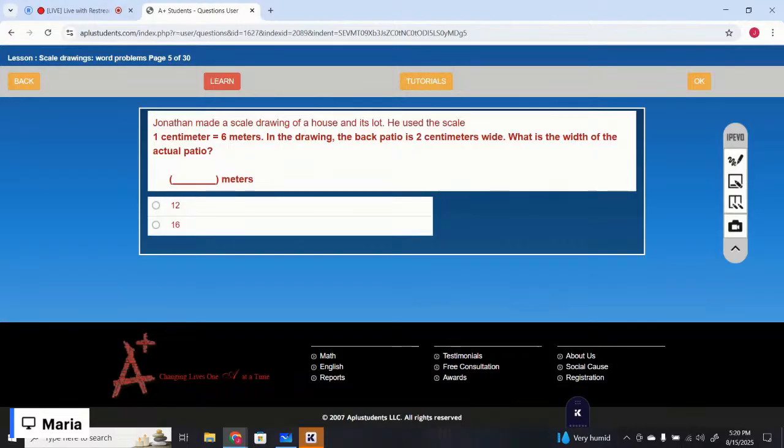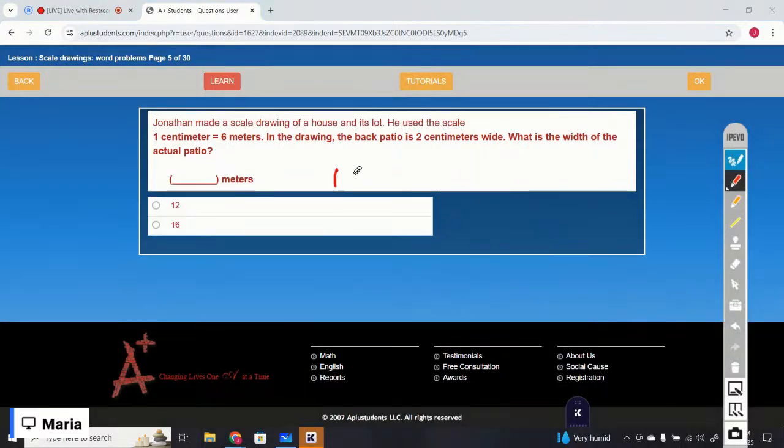Jonathan and his lot. He used the scale 1 centimeter to 6 meters. In a drawing, the patio is 2 centimeters wide. What is the width of the patio? 1 times 2 is 2.